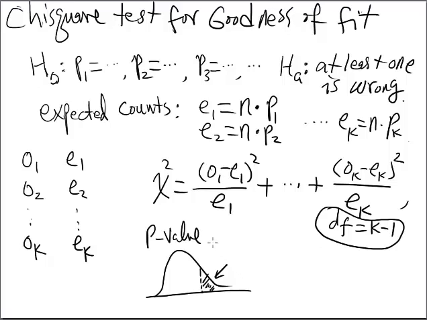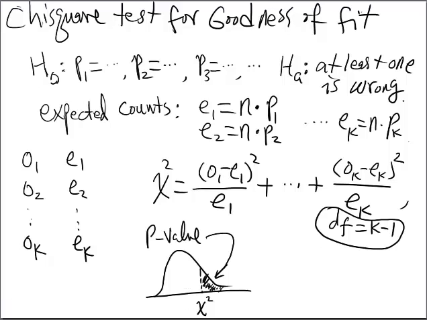This is your chi-square statistic value. You can use the chi-square table to find the right side. This is the only p-value. Never the left side. You will never multiply the smaller region by 2. So the p-value is always the right side for chi-square. All right.